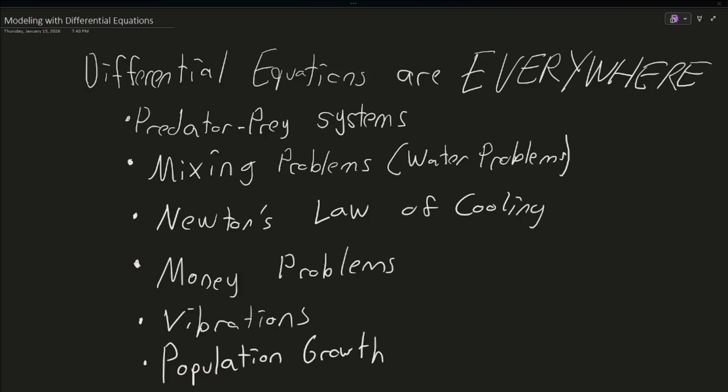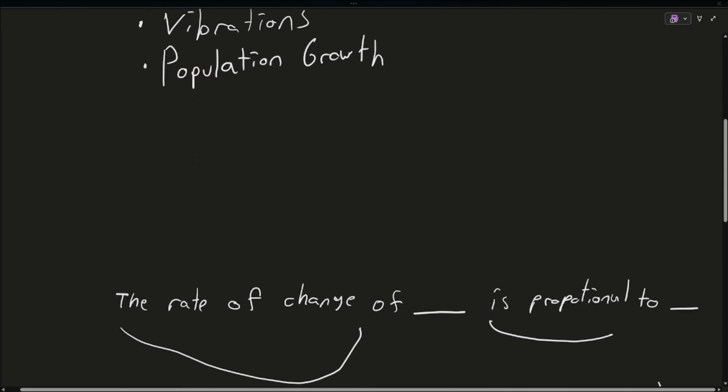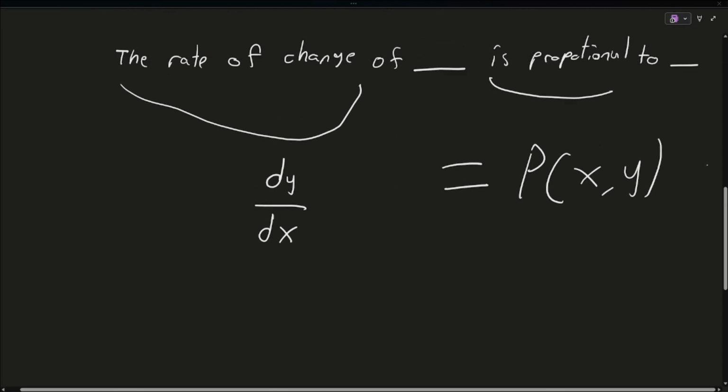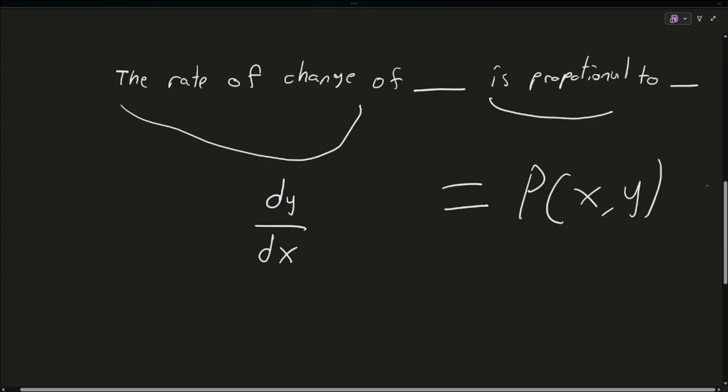And in these problems, what we usually have is we are given a rate of change of something. This could be anything: a rate of change of population, a rate of change of an adding mixture, a rate of change of temperature in Newton's law of cooling. We can have different kinds of rates of change, and we are usually given that something is proportional to something else.